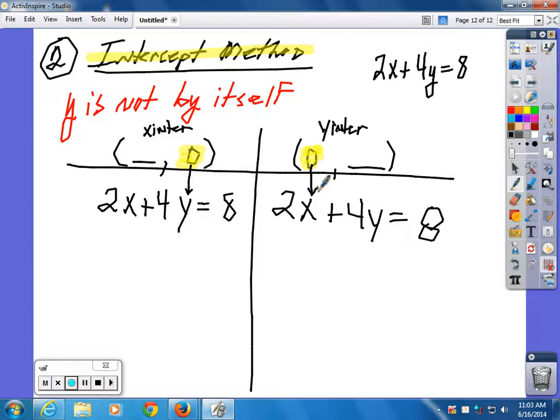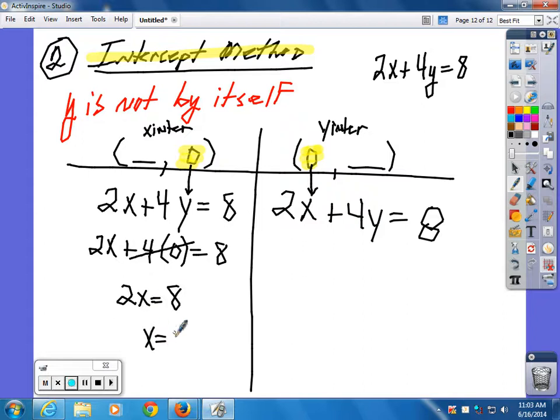So let's do that. 2x plus 4 times 0 is equal to 8. And what happens to that term right here? It goes out, and that leaves you with 2x is equal to 8. And x is equal to what? 4. And that 4 goes where? And that's how you do it. Now you do the second one.